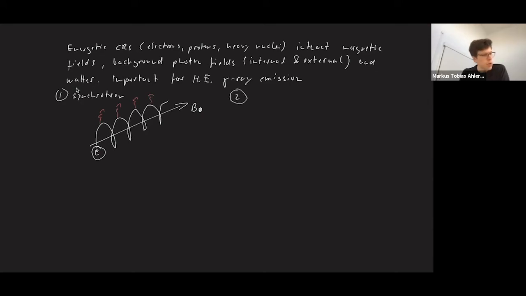Then we also have Compton scattering. So this corresponds to the scattering of photons. You have a photon coming in from one side, which is then scattering with, let's say, an electron, and it will scatter with the electron and produce a photon. So this is an elastic process. This is in general Compton scattering if the electron would be a particle at rest, so non-relativistic.